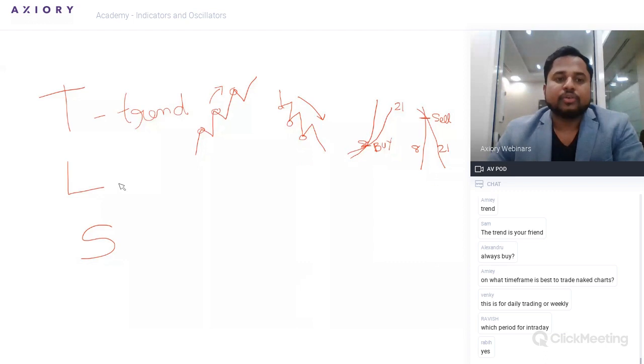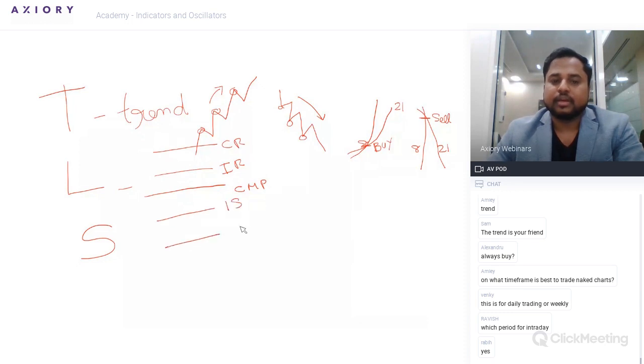Yeah. So now we go for the levels. How to learn the levels here? We have 4 levels which we learned the last class. This is CMP. Then comes first IR, next is CR, IS, and CS.